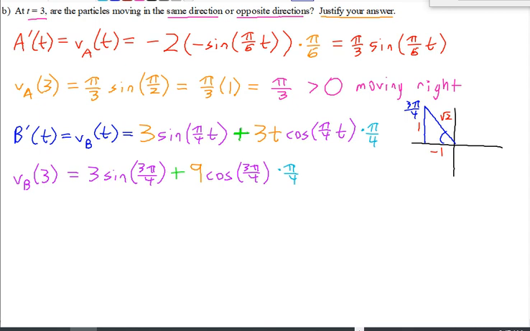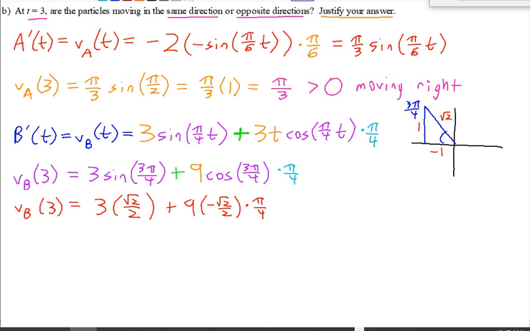So sine would be 1 over root 2, which is the same as root 2 over 2. So we have 3 root 2 over 2, plus 9 times cosine, which would be negative root 2 over 2, times pi over 4.